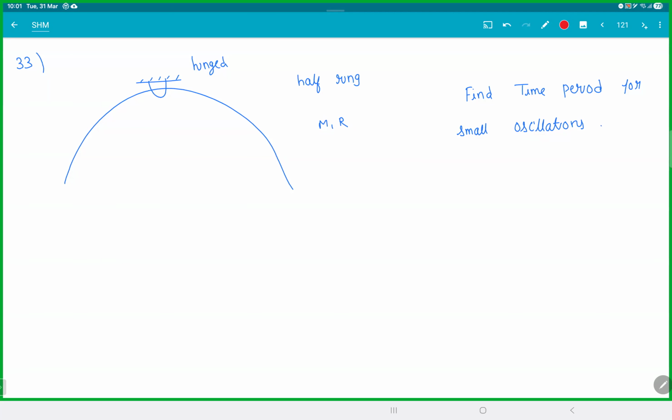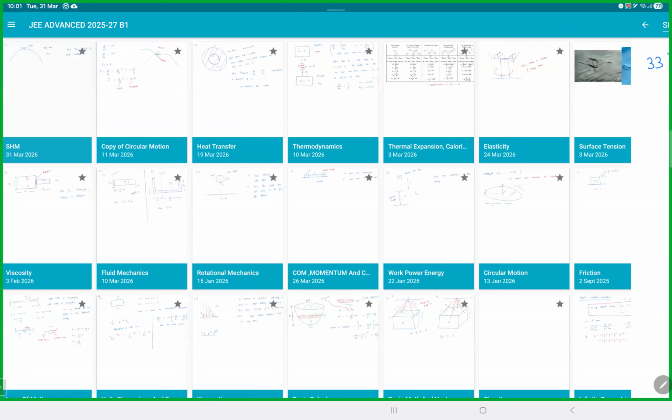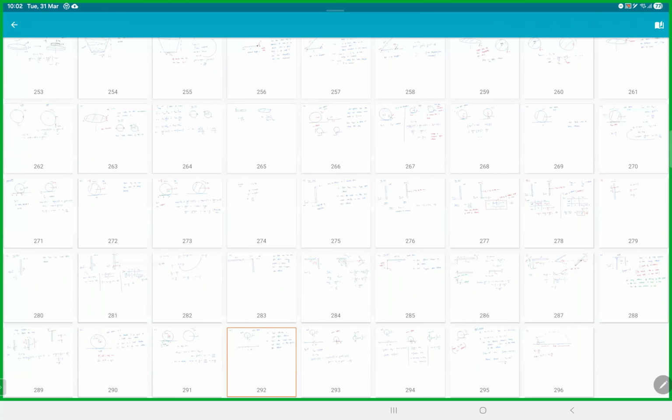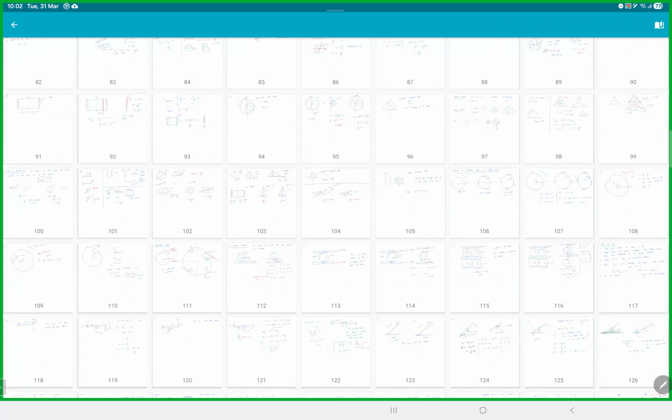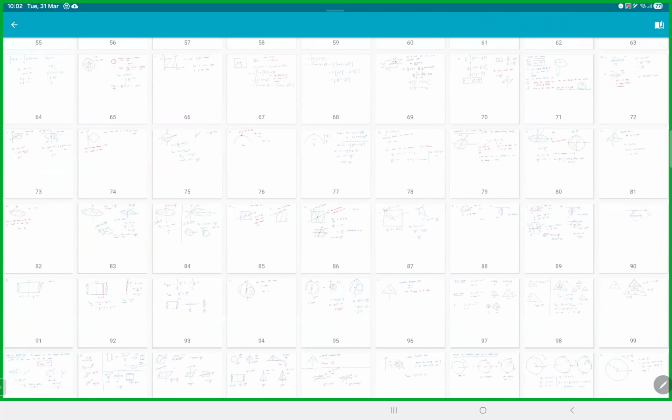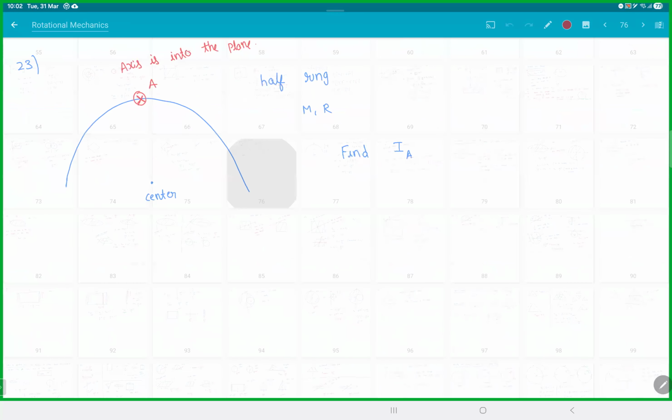Okay, let's see. Brute force. But in case you guys remember this, in rotation, this was question 23. What was the mistake here? What do people do? When we use parallel axes theorem, what is the formula? I_com plus m d², m d square.